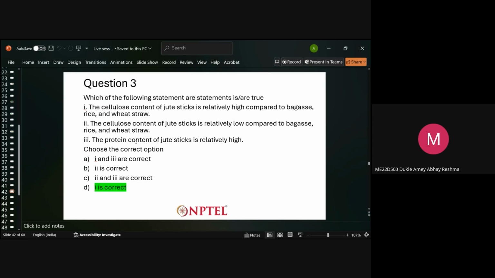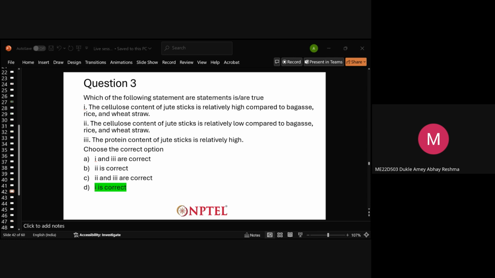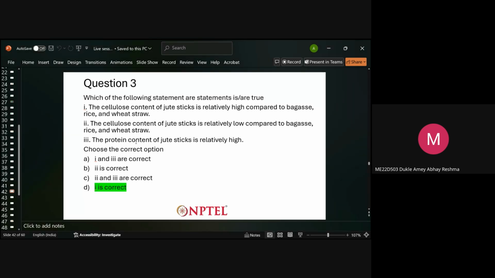Basically, the question is not complete. It should have said relatively high compared to what, but that has not been given. So here we just assume it is relatively high in absolute terms. That is why the answer here is only one is correct.